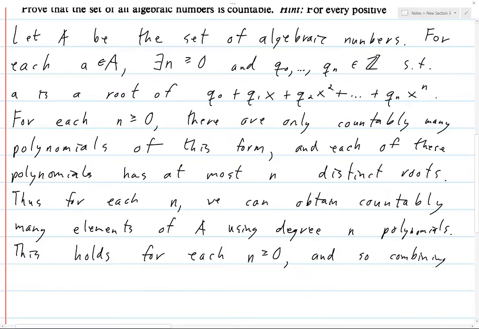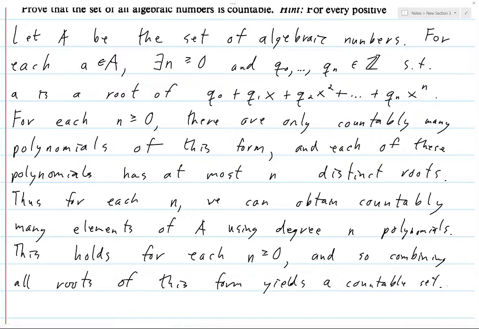And so combining all roots of this form yields a countable set. Because what are we doing? If we want to get the set of algebraic numbers, then you need to take every single n greater than or equal to 0, and for each of those n's you need to consider all polynomials of that degree and figure out all the possible roots that you can obtain from these polynomials.